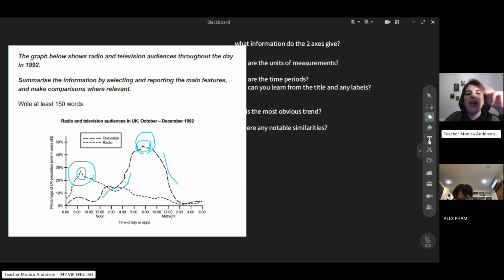Let's see. I divide my main features into two parts. Why two parts? Because I have radio and television. So I write main feature one. What is main feature one? The peak time.